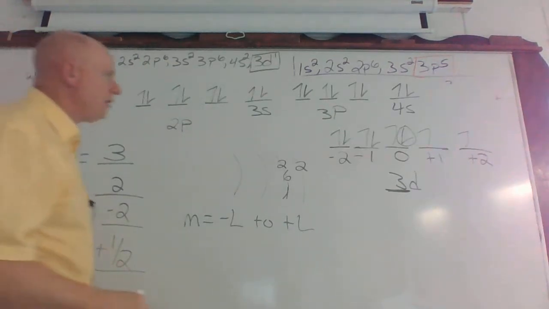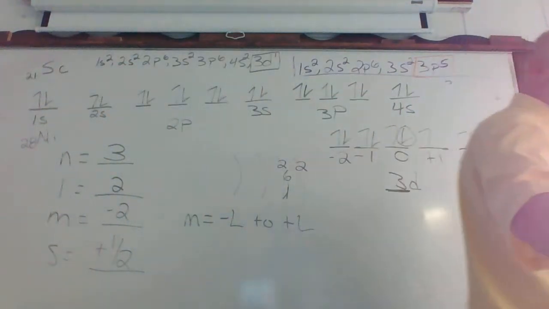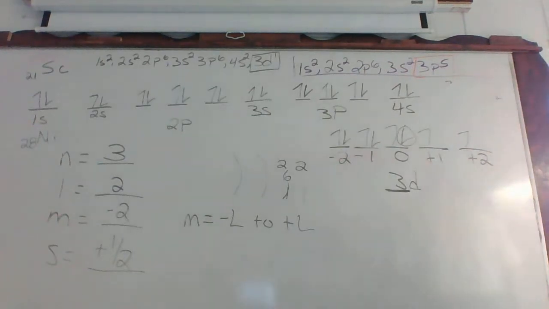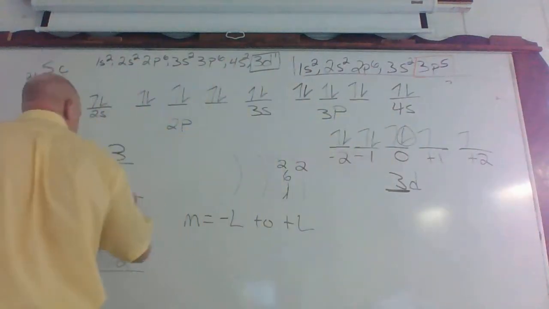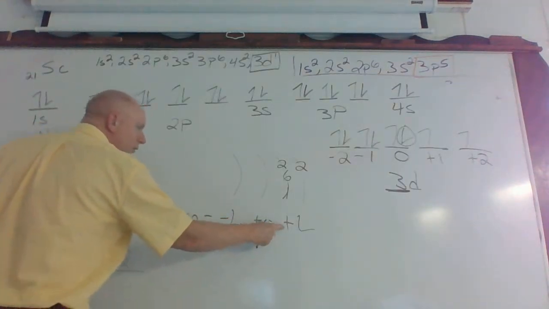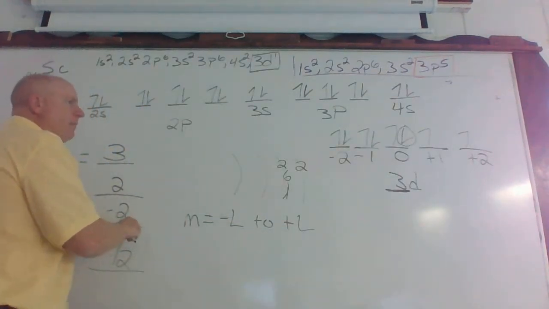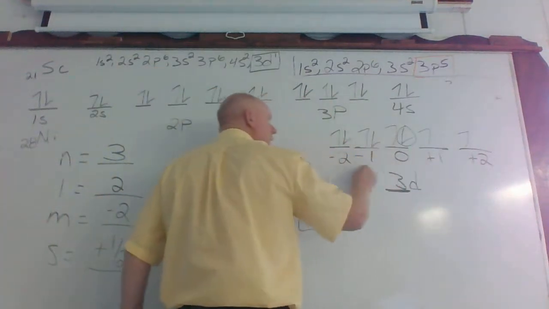The last electron fell in the D block, so according to the table of a given value for L on page 108, what value does L have? It's still 2. It comes from that table. Then, since this is still a value of 2, negative 2 to positive 2 gives us our value for M. Well, our values for M are established right here.